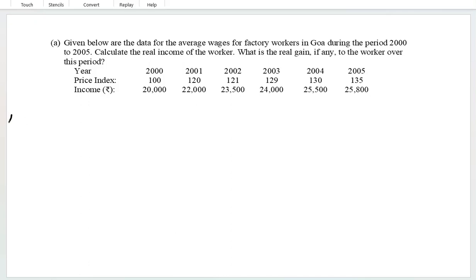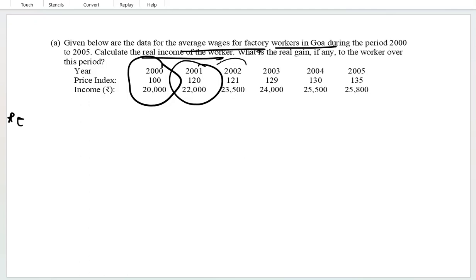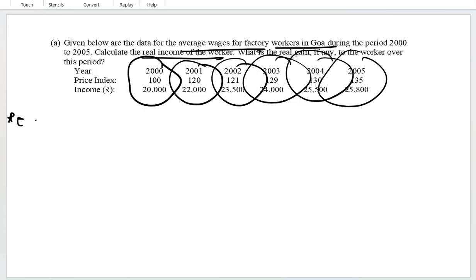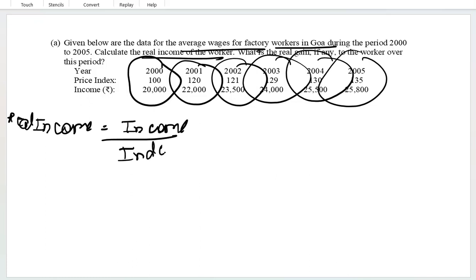Given below is the data of average wages of factory workers in Goa during the period. Calculate the real income for the worker. So basically we have to calculate real income for 2000, 2001, 2002, 2003, 2004, 2005. Now real income, I said, is nothing but income upon index number, or whatever is the index number available, into 100.